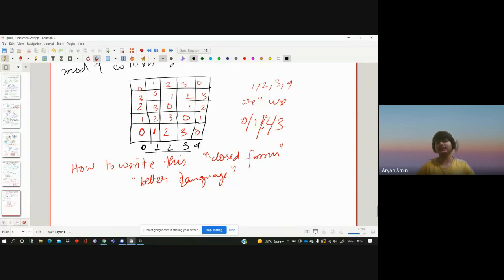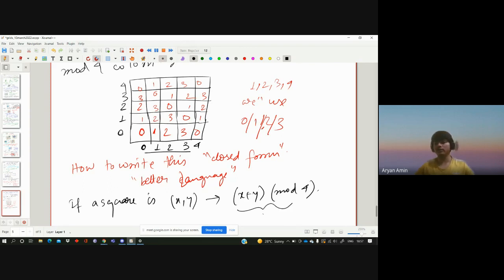This is just the indexing, or the XY axis, if you will. So if a square is x comma y, do you agree that we are just basically writing x plus y mod 4?